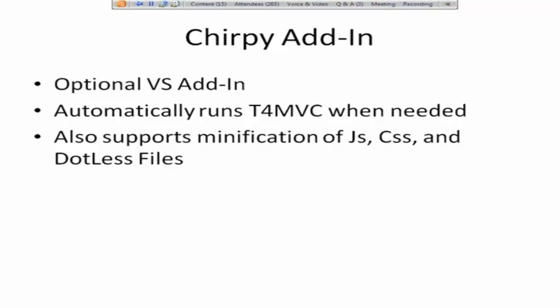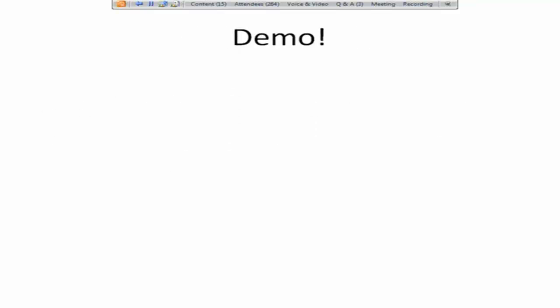In addition, though it's not directly related to T4 MVC, it does some very nifty things when it comes to minification of JavaScript files, CSS files, and also .less files. If I have time at the end, I'll try to show a small demo of Chirpy as well. So the rest is all demos.